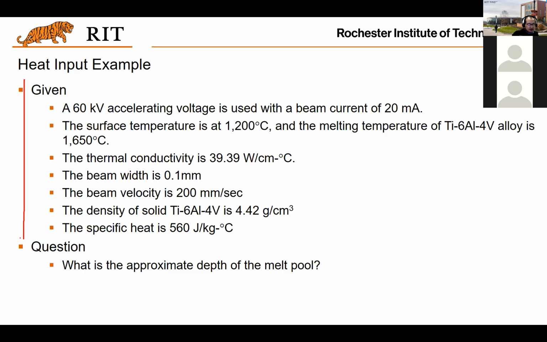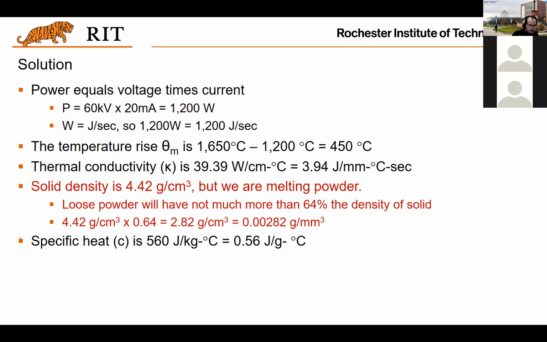So that could be an example if you want to compute the depth of the melting pool. Basically these numbers are given, and you can do the computation by substituting these values into the equation we just showed. One thing you want to be aware of is the density utilized here.